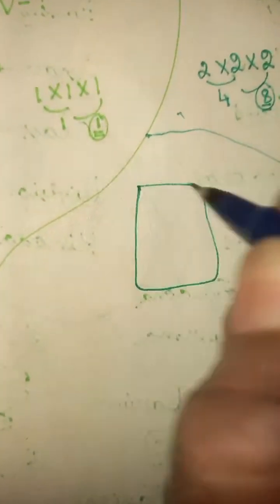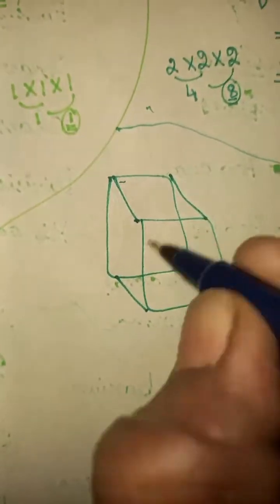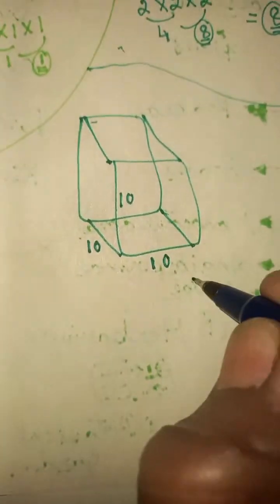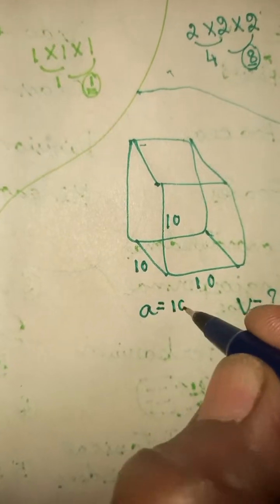Let's take another cube. In this cube they have given all the edge lengths as 10 units. Here also you need to find out the volume, and the edge length is 10 units.